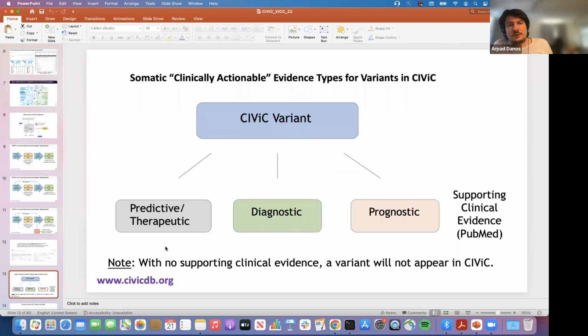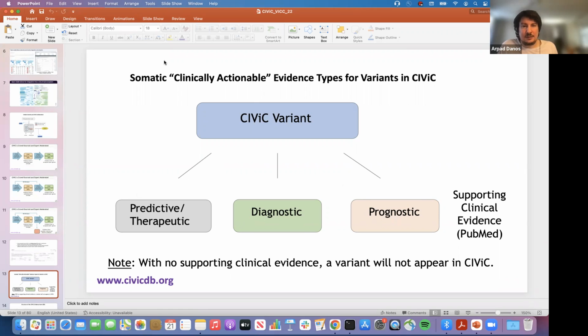Kind of at the core of CIViC, or historically at the core of CIViC, is what I've been calling, and I've noticed a few other people seem to be leaning in this direction, a somatic, clinically actionable evidence type. Variants are going to be annotated with other types of evidence, but the historic core of evidence items is the predictive therapeutic type, the diagnostic, and the prognostic type.